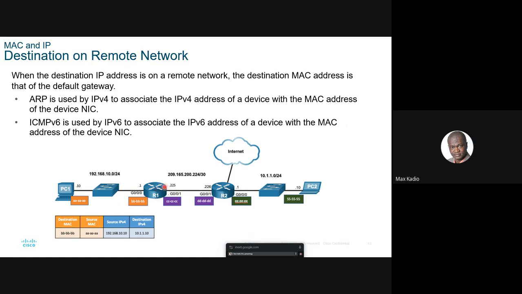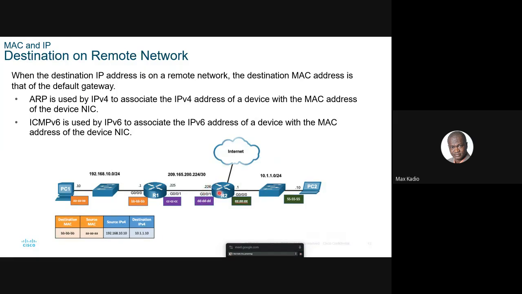Then when the packet reaches router 1, it needs to travel to go to PC2. When the packet leaves router 1 to go to router 2, the source MAC address will be for router 1, destination will be for router 2.